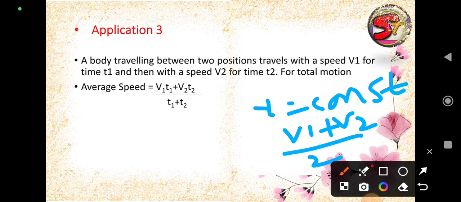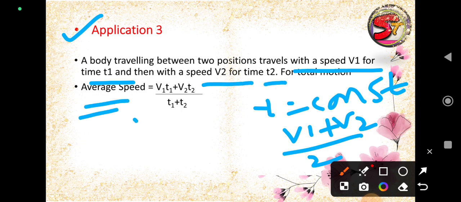Here, this is the next application. The body traveling between two points travels with speed v1 in time t1 and with speed v2 in time t2. Then the average speed formula will be v1 into t1 plus v2 into t2 divided by total time taken.